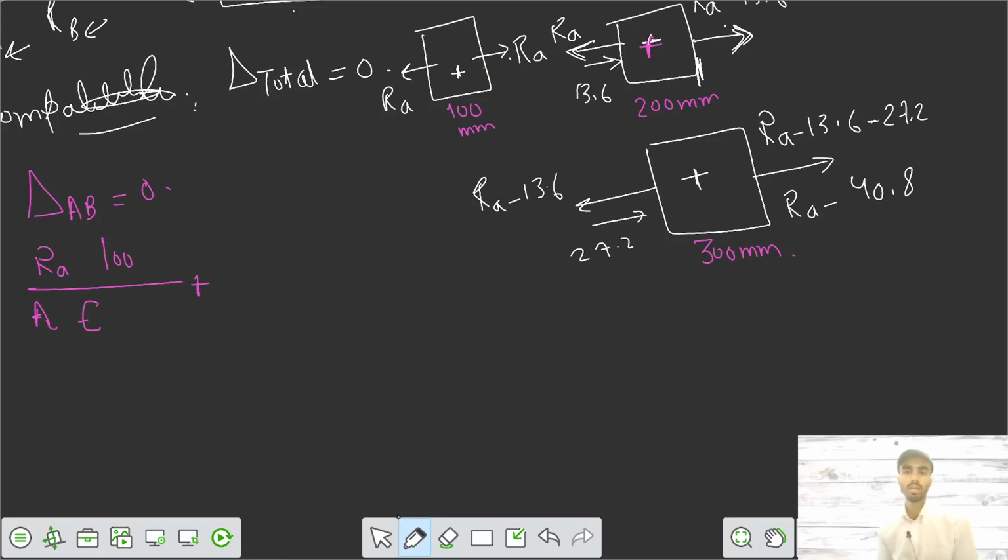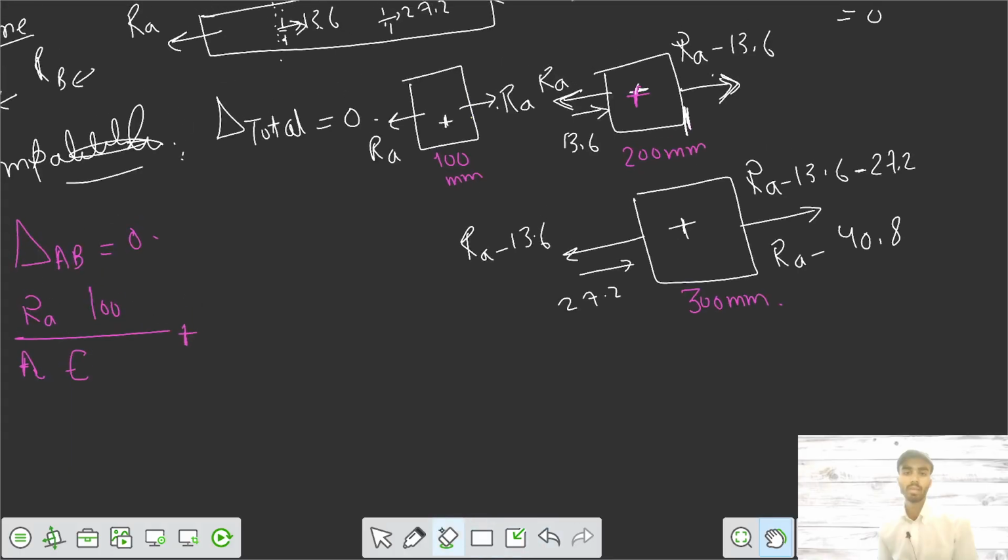Next one is also positive tensile. We can say RA minus 13.6 into L, L is your 200 mm, over AE. It is a prismatic bar, so A remains constant with length.